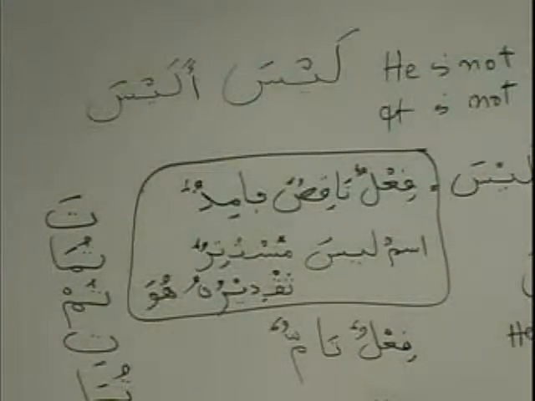Is he not? Are you with me? If I say Alaysa, Laysa, he is not. If I say Alaysa, Lasta, you are not. Alasta, are you not? Are you with me? Lasti, you are not. Alasti, are you not?